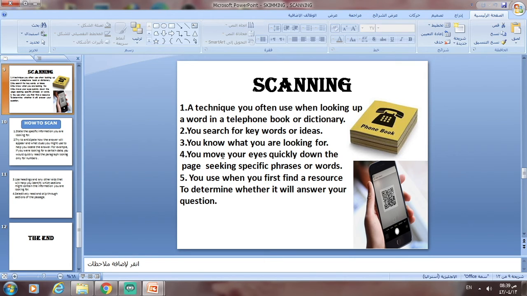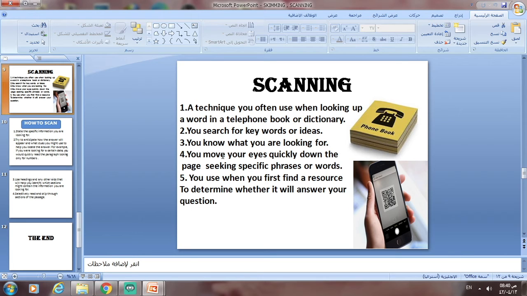You know what you are looking for. So as I said before, there is a question in your mind, you know the thing you are searching for, and you move your eyes quickly down the page seeking specific phrases or words.